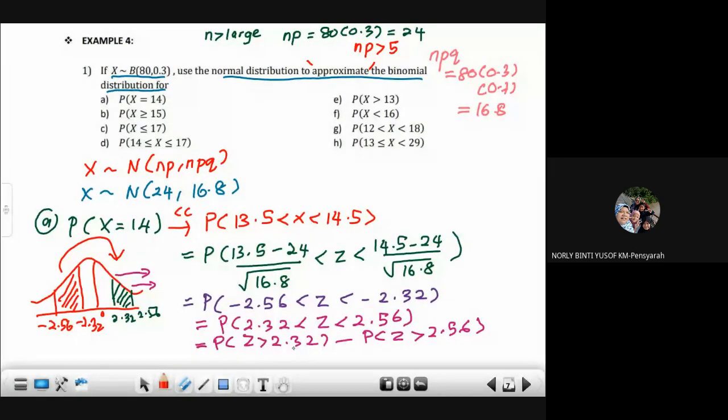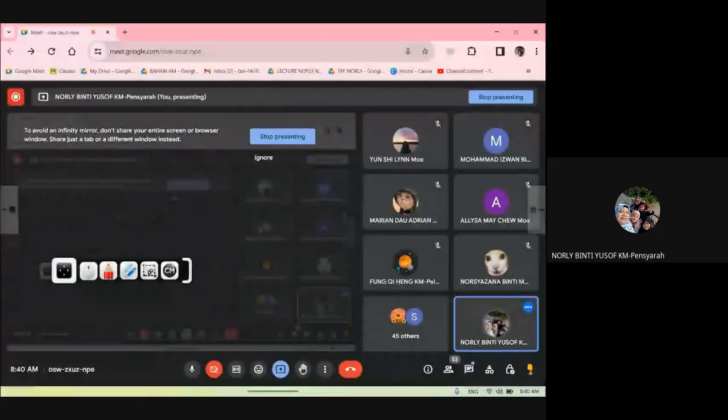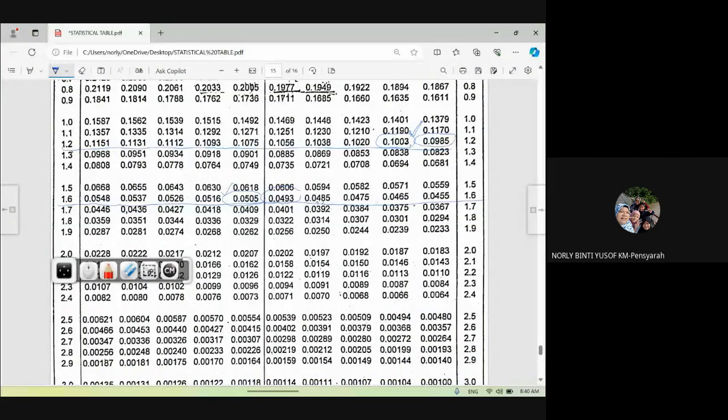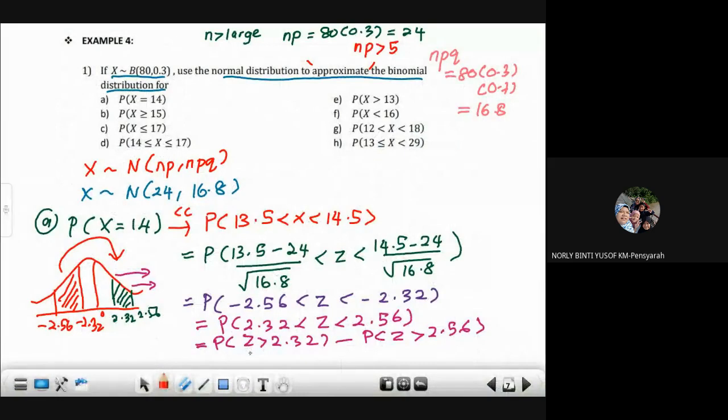So nak baca samalah, nanti baca dekat table 2.32, baca kat luar lah kan. Sebab that is nilai ZU 2.32 sini. Okay, and then bacalah untuk 2.56 similar. Sebab you nak dapat probability, Z dah ada. So dia akan dapat 0.0102 dari table, baca Z untuk dapat probability dalam.